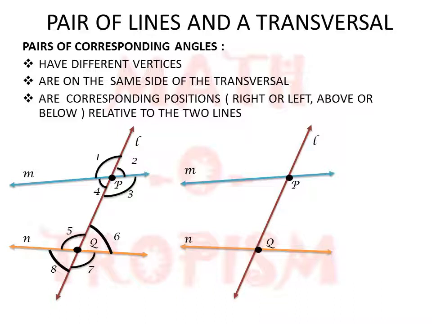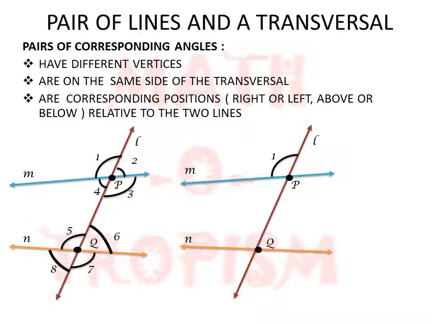So let us start. Let me first consider L and M intersecting lines. We will start with the angle 1. Now, which position is angle 1 in with respect to the transversal and the line M, we should see.